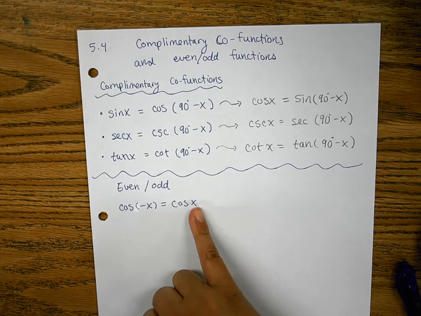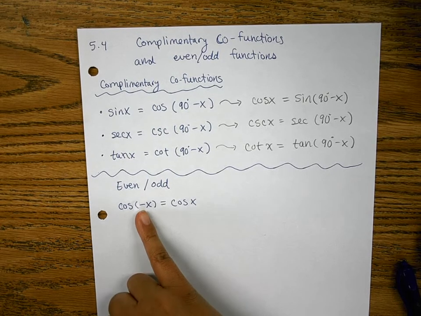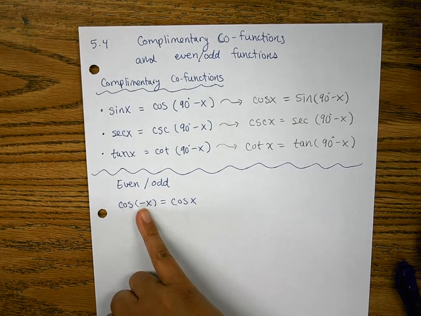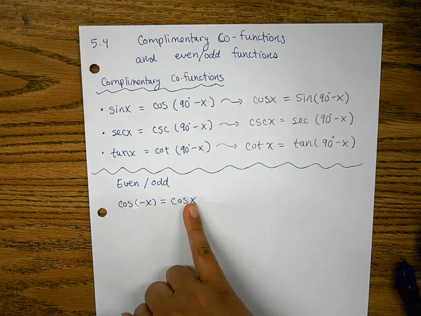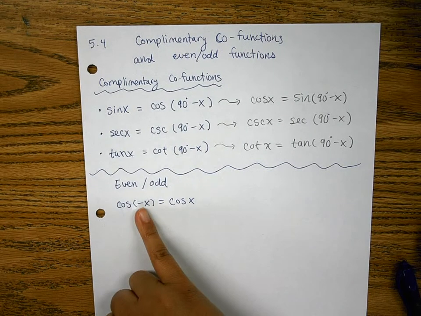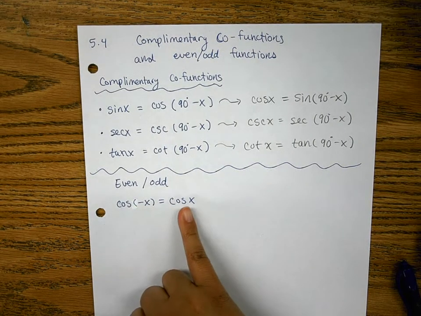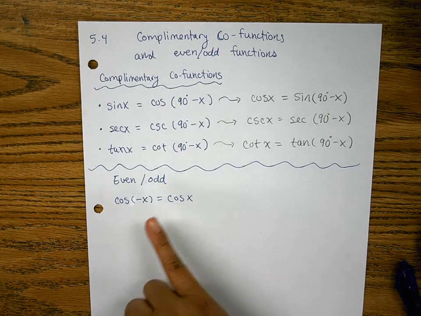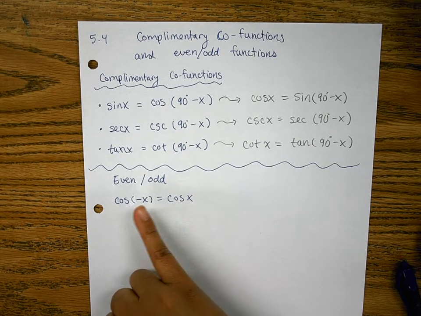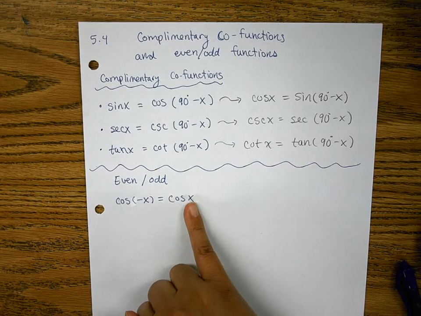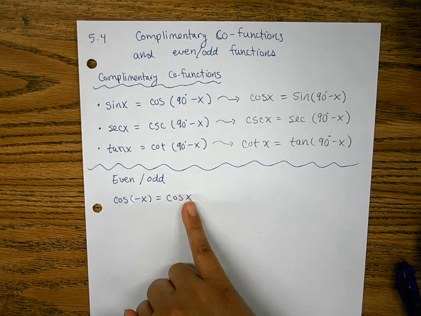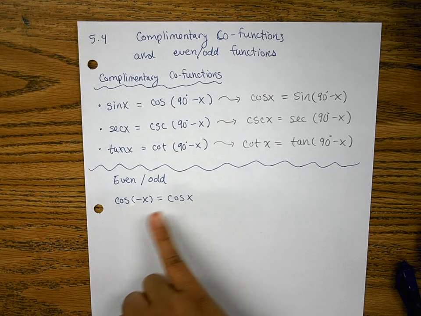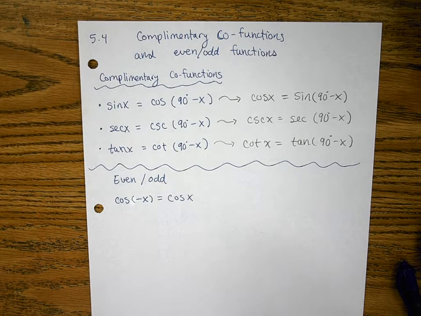And I'm hoping that makes sense when you look at your quadrants. Cosine of negative 60 will equal cosine of positive 60. Cosine of negative 45 will equal cosine of positive 45. And you can put this on pause, pull out your unit circle, and check it. Does cosine of negative 60 equal cosine of positive 60? And yes, they do come out to be the same. That's called an even function.